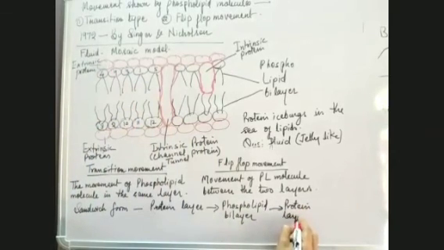Thus we have a sandwich, where proteins and phospholipids are arranged like two bread slices with something in between, some butter or a cheese slice, that forms a sandwich. In the same form we have this fluid mosaic model of the plasma membrane, which was given by Singer and Nicholson, and it was the most accepted model of the plasma membrane.